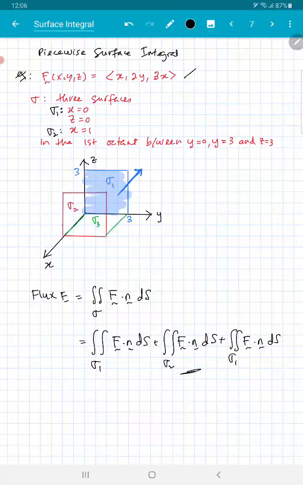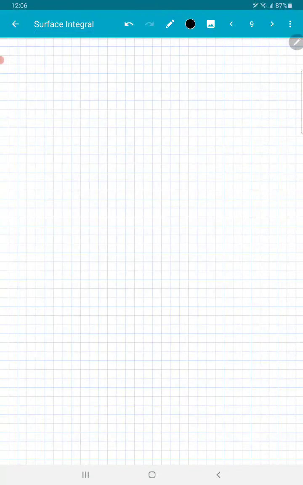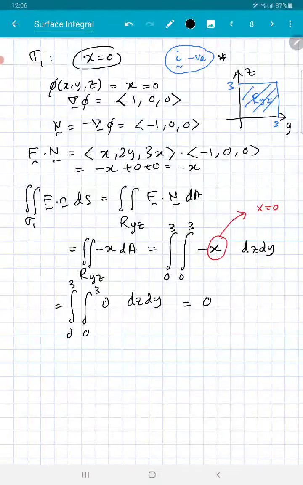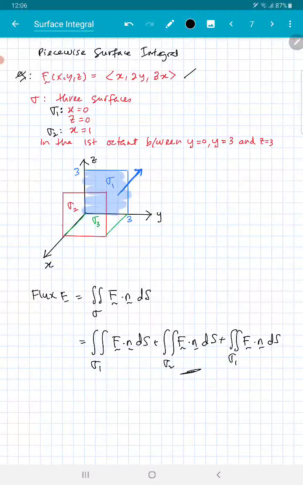From the diagram we can see that surface sigma 2 is facing the positive x-axis. So we want our x component to be positive 1.